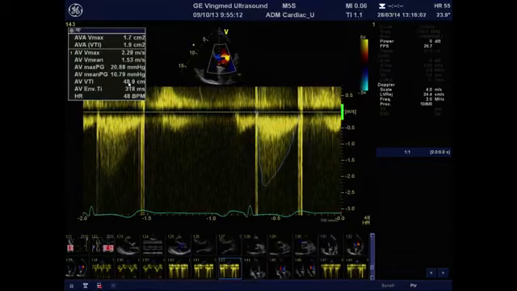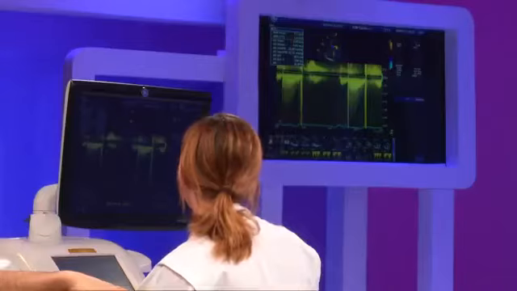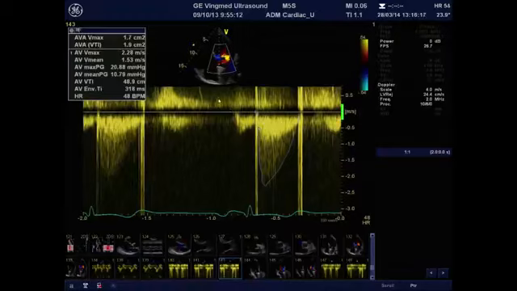Here you can see that the mean gradient is 11 millimeter of mercury. For aortic prosthesis, the normal is below 20 millimeter of mercury. And then you realize that we have everything to calculate the effective area surface as we measure the LVOT dimension and we measure the LVOT VTI and here the AV VTI.